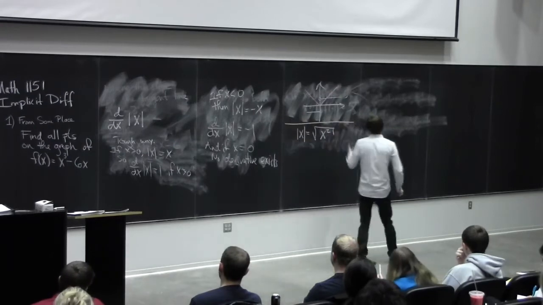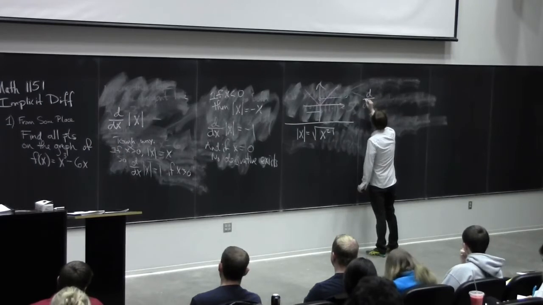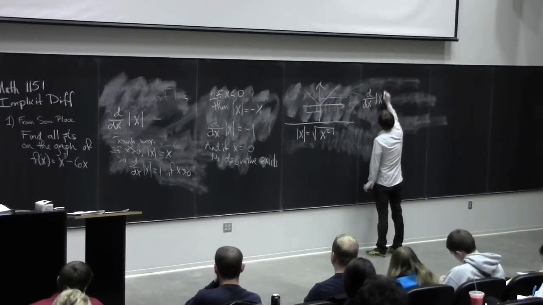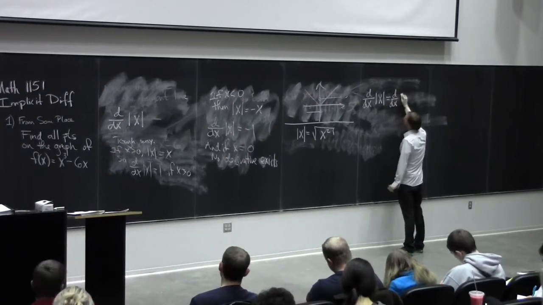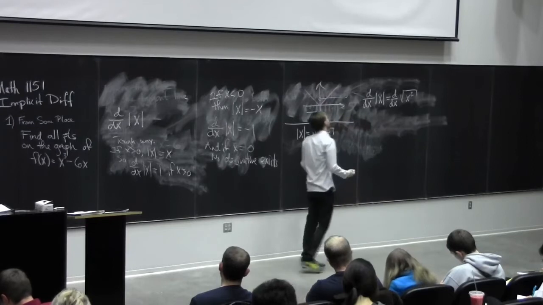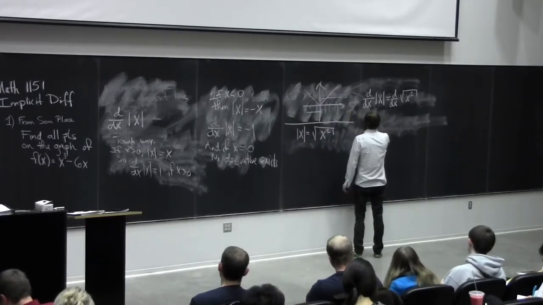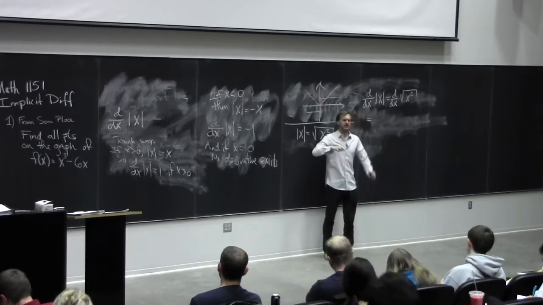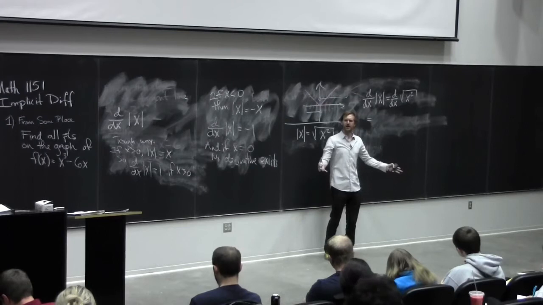And this function is ripe for using the chain rule. So the derivative of the absolute value of x is equal to the derivative of the square root of x squared. And now I use the chain rule. I take the derivative of the outside square root, that's x to the 1/2, right?